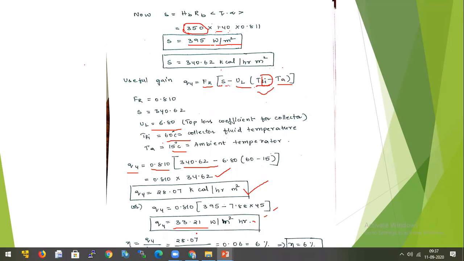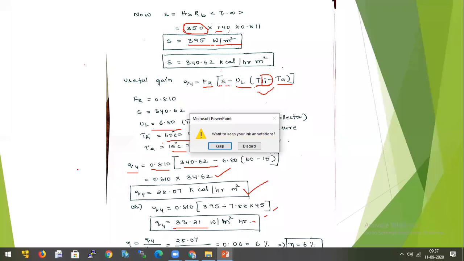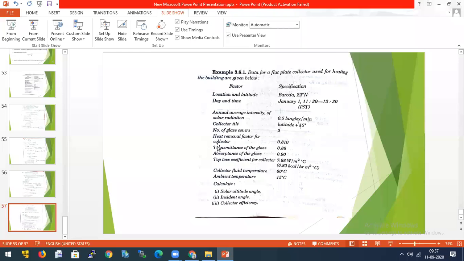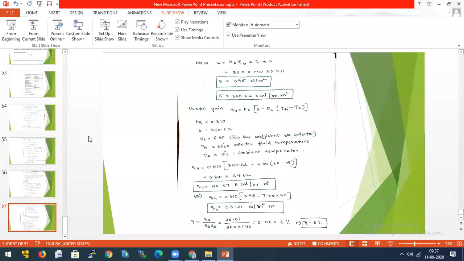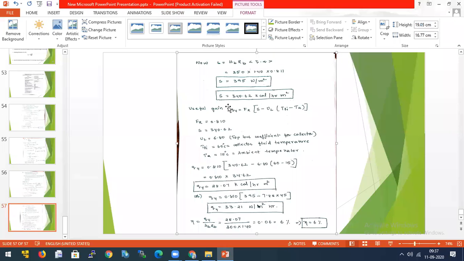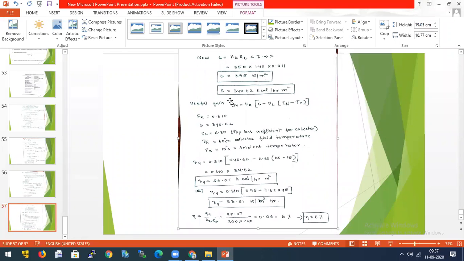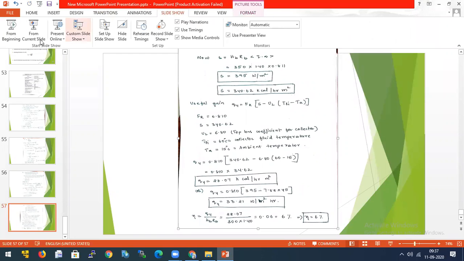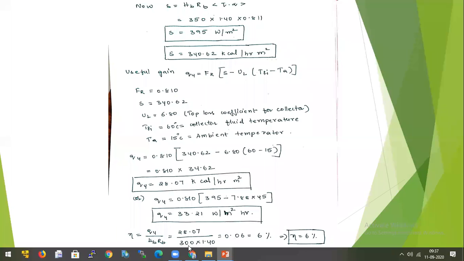At last you will find out the efficiency. See this efficiency.